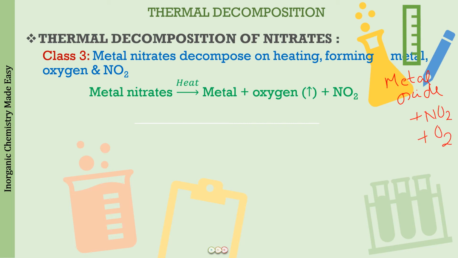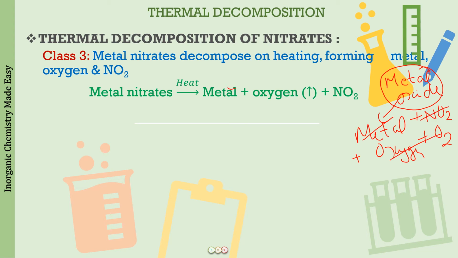Now what is happening in this class 3 is that this metal oxide is also unstable, and this also breaks to give us the metal and oxygen. So as a result, what you will be getting is metal, oxygen and NO2, and that is what the product is.